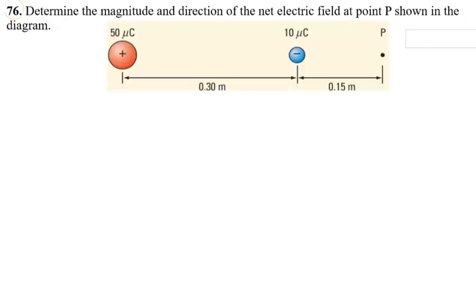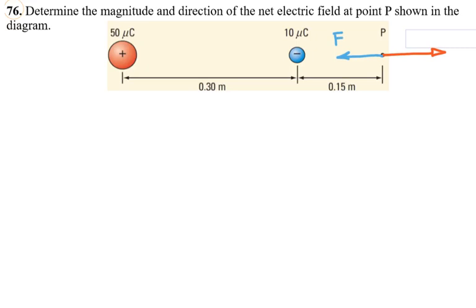In question number 76, they ask you to determine the magnitude and the direction of the net electric field at point P shown in the diagram. The electric field from the positive charge is going to be in this direction, and the electric field from the negative charge is going to be toward the negative.